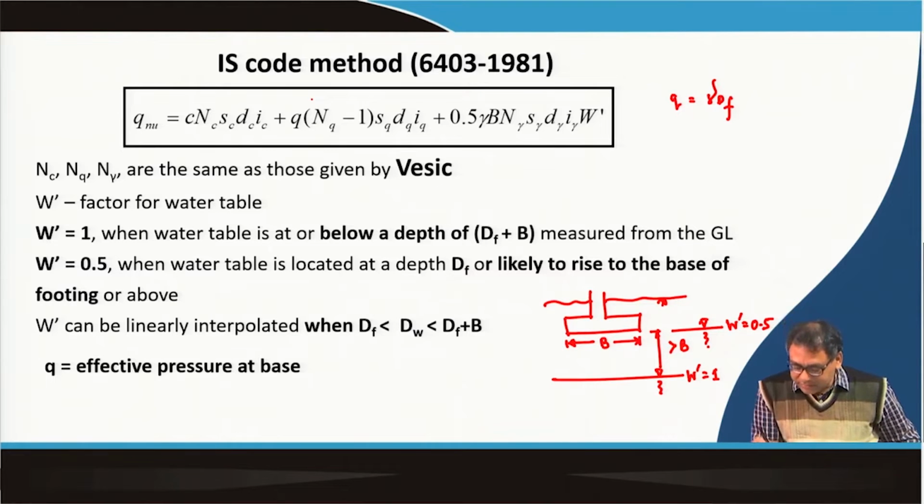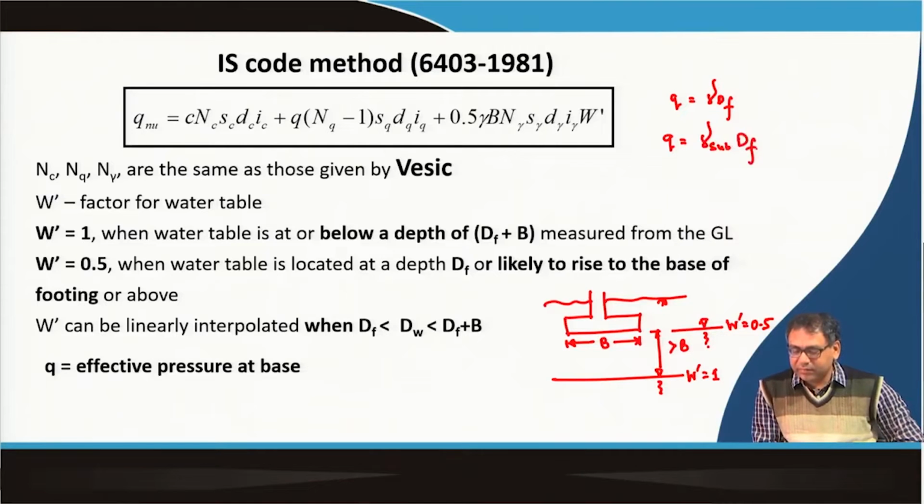So, that means suppose if your water table is at the base of the foundation, then your Q will be simply Q bulk into gamma df. Okay. Bulk means the unit weight above the water table, okay. But if your water table is at the surface, then Q will be gamma sub into df.